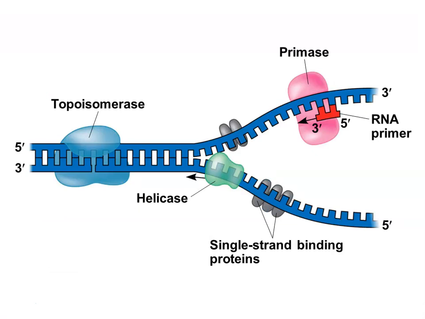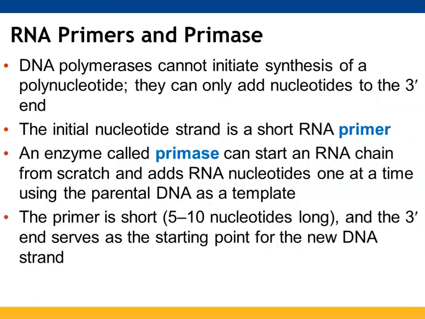So we also are going to talk a little bit about primase, but there you can kind of see the topoisomerase and your helicase opening up that fork and then the single-stranded binding proteins, and you see them on both sides of the DNA strands, kind of helping to make them a little more stable. So primase, I told you we'd come back to this.